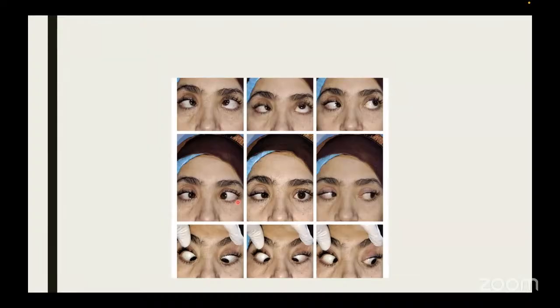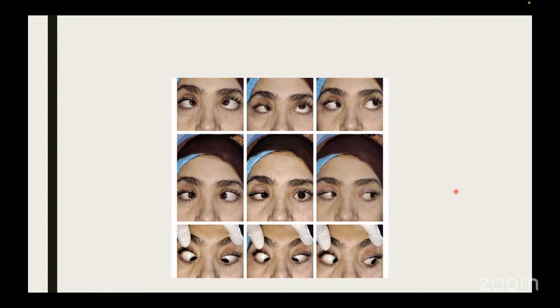So I will take the history and I will examine the patient. I will check the visual acuity and do the extraocular motility. I will do the cover-uncover test and check the deviation in all nine positions of gaze with the cover-uncover and alternate cover test, to find out whether it is comitant or incomitant, and then I will do the prism cover test as well.